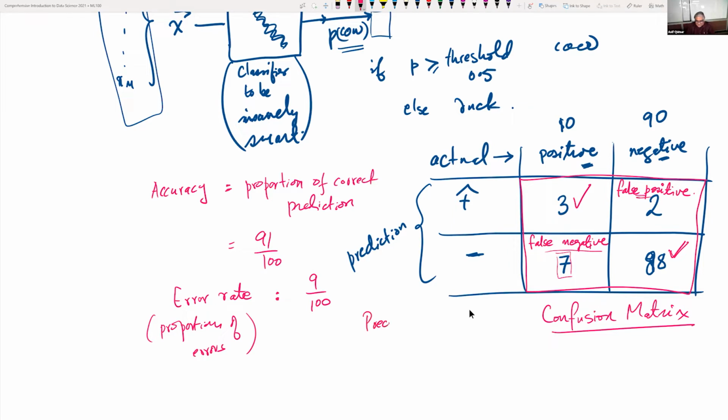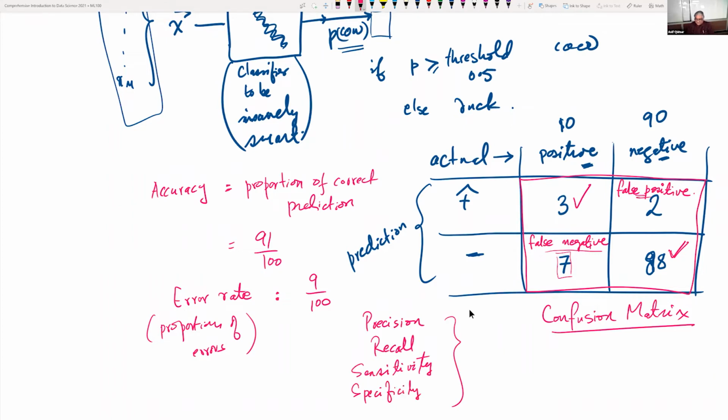Those are called precision, recall, and so on. So you will see a lot of jargon associated with it. There would be things like sensitivity, and what is the other one? Oh, specificity.